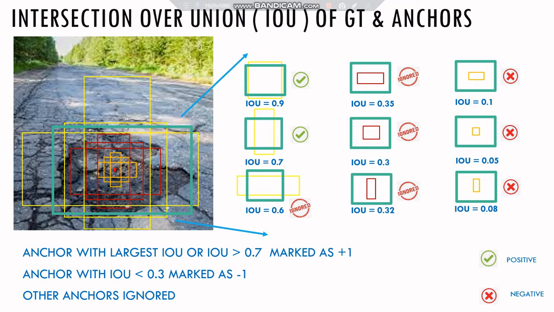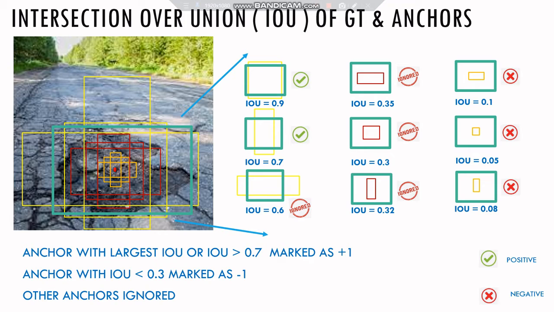A large portion is intersecting, and therefore this ratio is higher. And you can see these ratios getting smaller for the other anchor boxes. The IOU is the ratio of the intersection over the union, which is the total area of both these boxes together.